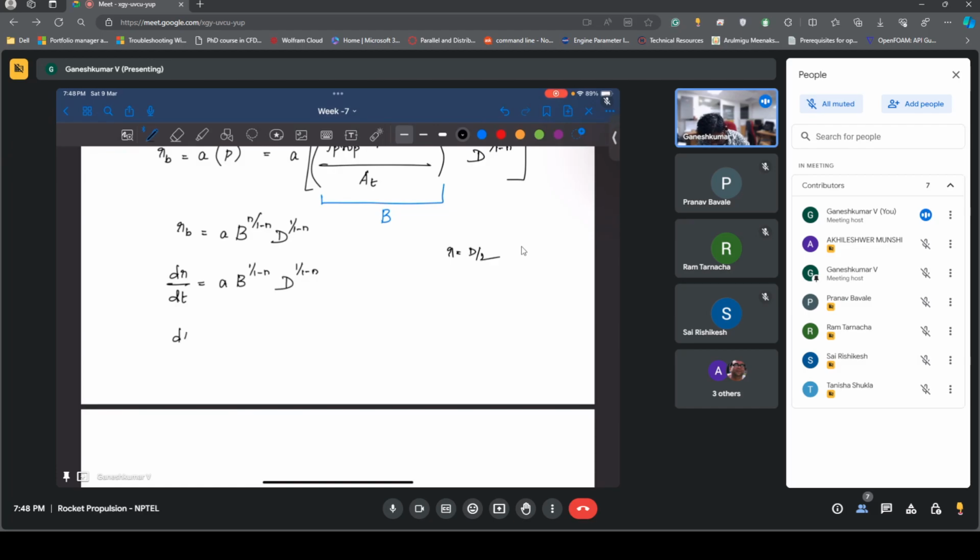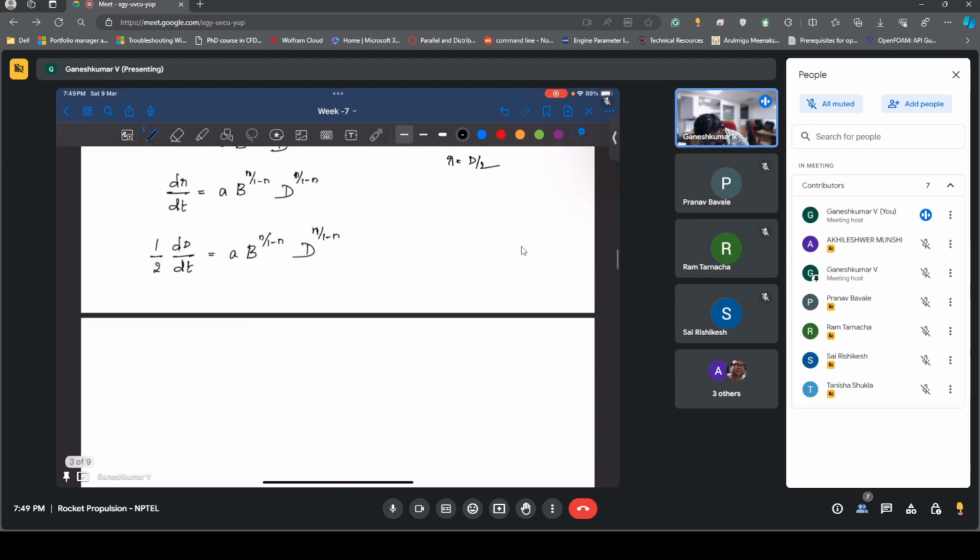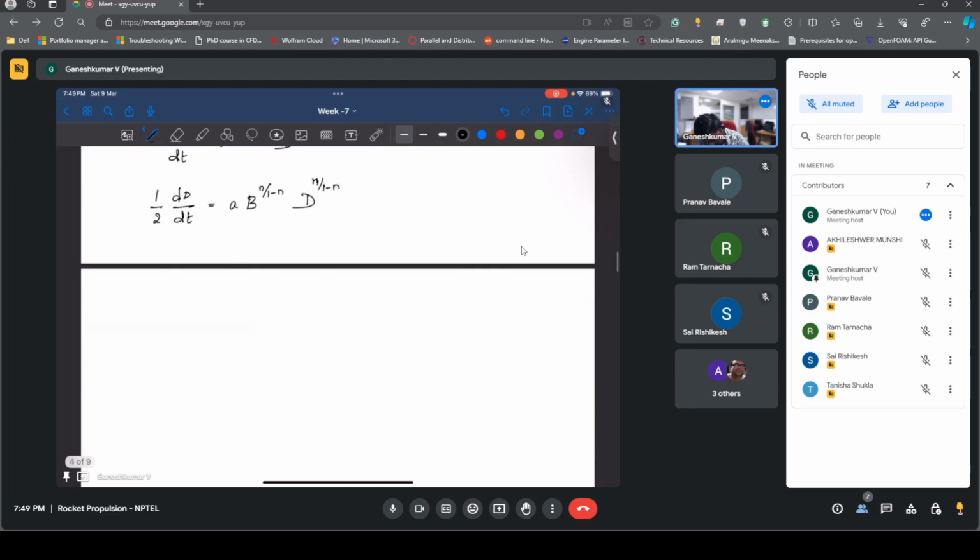So you can write this as dd by dt, with powers n by 1 minus n, into b power n by 1 minus n into d power 1 by 1 minus n. This should also be n by n minus 1. Okay, thank you.